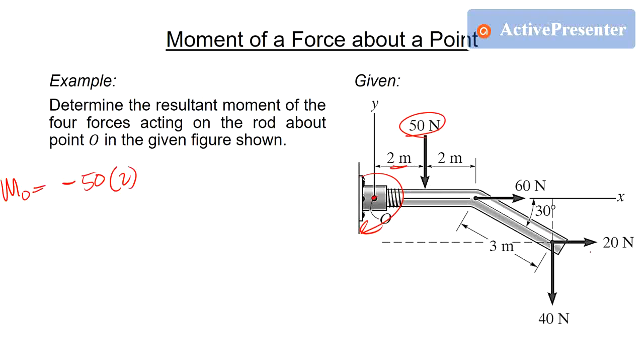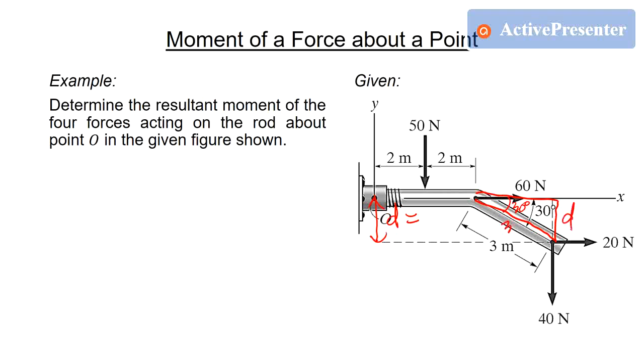Next one is 20. As you can see, this is the line of action of 20. So this is the distance. If you look at this triangle right here, this is 30 degrees and this is 3.